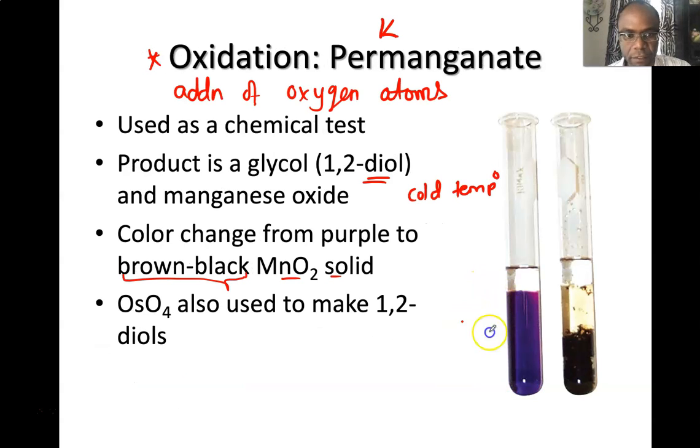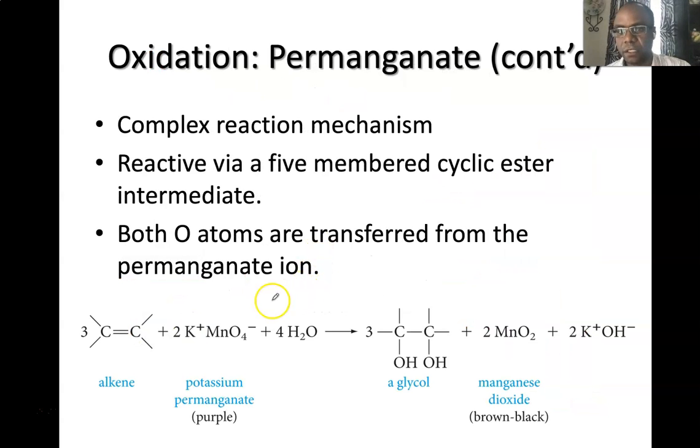An example of this reaction is, well, like I said, potassium permanganate is purple. If there is an alkene in there, after a few minutes you're gonna see a dark solid. That's a test for presence of alkenes. So let's see. So this is the reaction. So you have an alkene, you're adding potassium permanganate dissolved in water, you're gonna get a diol.